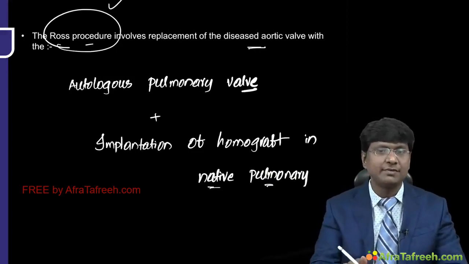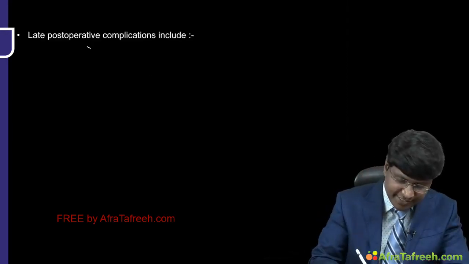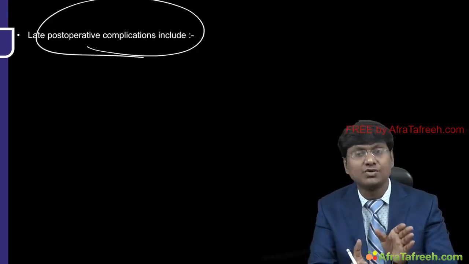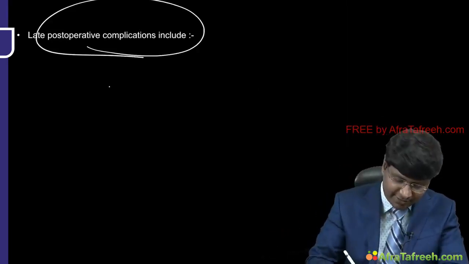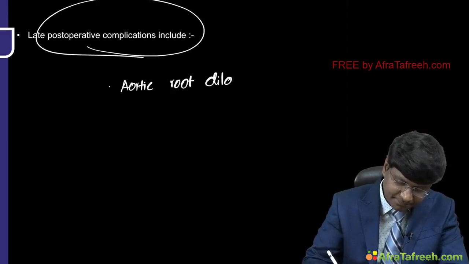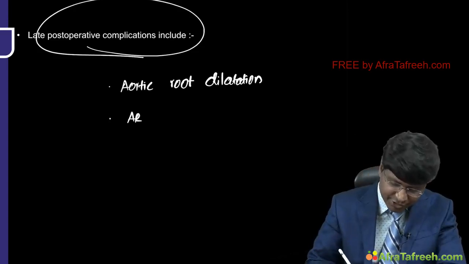Which group of individuals require the Ross procedure? I will tell you. But this particular Ross procedure is associated with certain late post-operative complications. What are those? Number one, aortic root dilatation. Number two, aortic regurgitation.